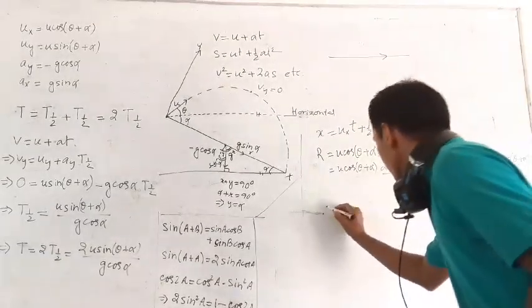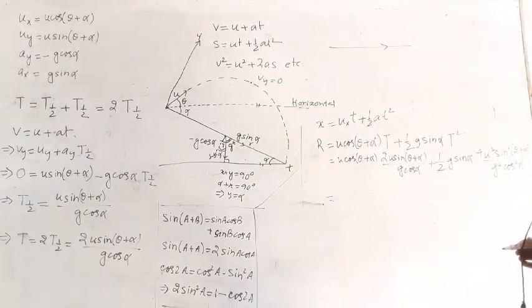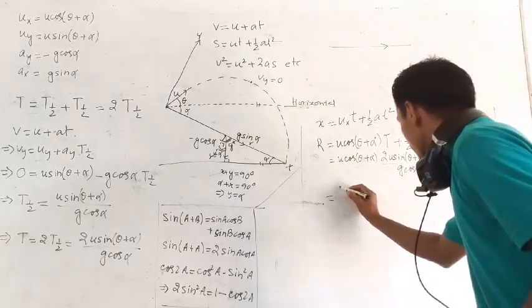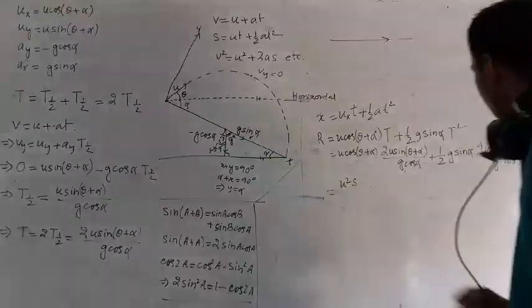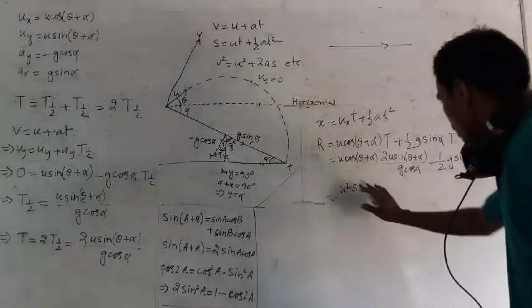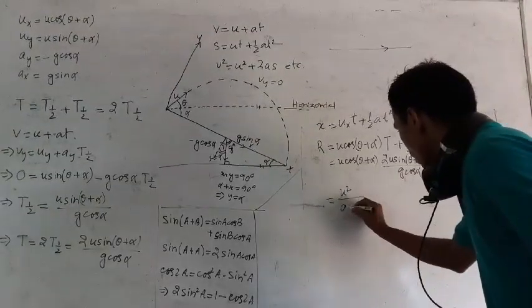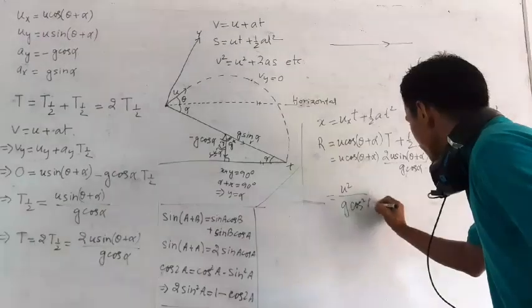I'm taking common u² divided by g cos²α.